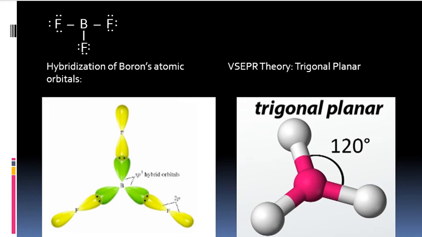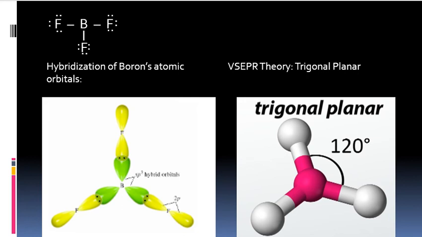Well, that can be shown in the image on the left, where boron has 3 of its sp2 hybrid orbitals overlapping with a 2p orbital on each fluorine. And again, according to valence bond theory, those atomic orbitals do not disappear, and the regions of overlap between the orbitals in fluorine and orbitals in boron is where you will see your bonding electrons localized.